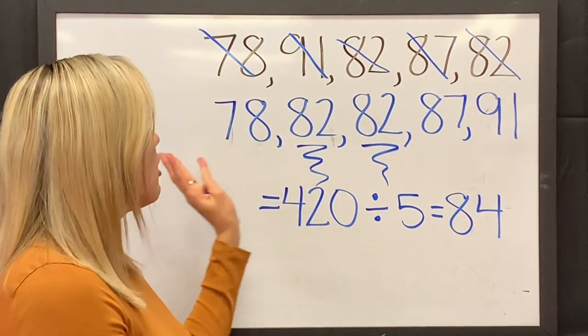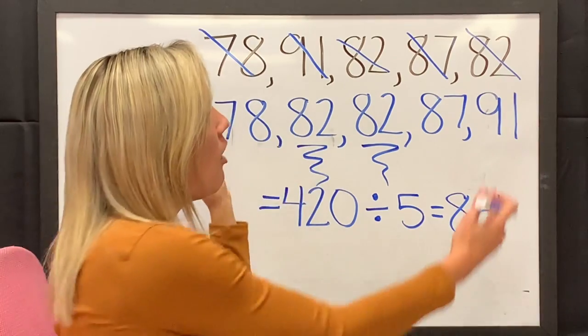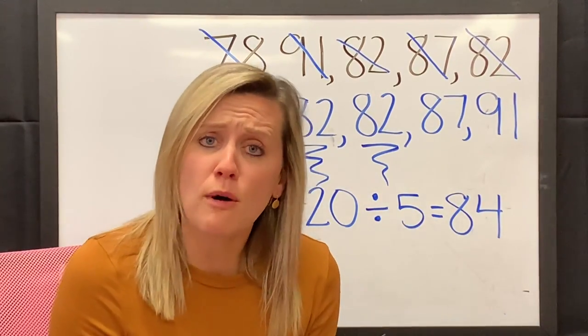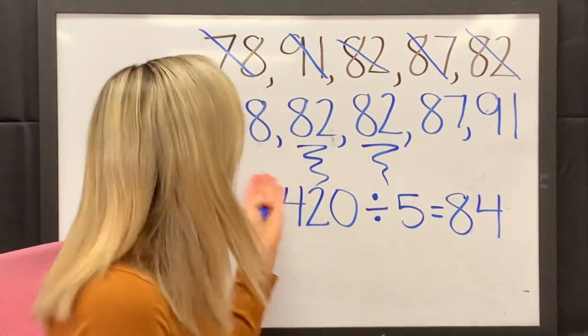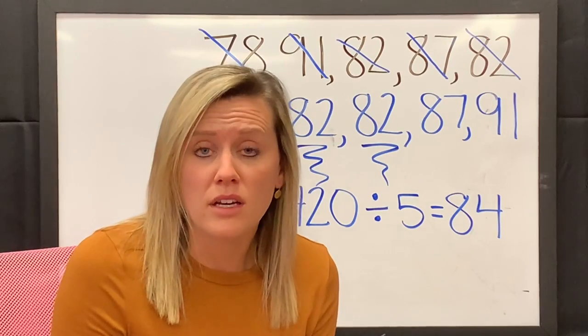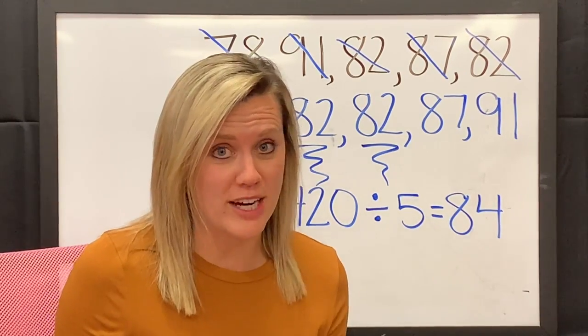So that means our scores are in a range of 13 numbers, okay? All of these numbers are within 13, which is a pretty small range for test taking. Our lowest grade was a 78 and our highest grade was a 91. So we can kind of use that knowledge to predict future grades.